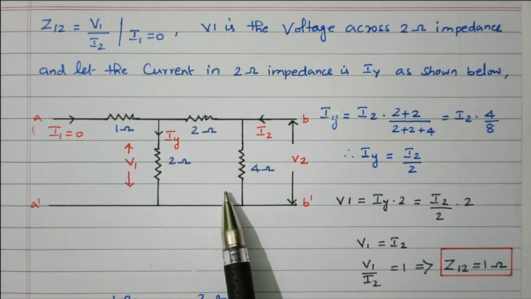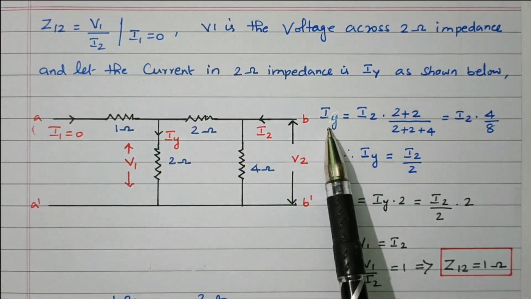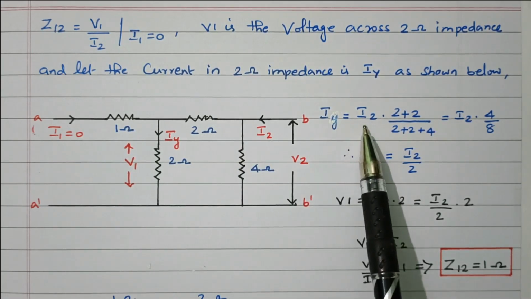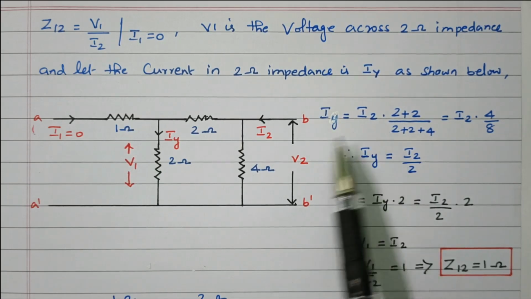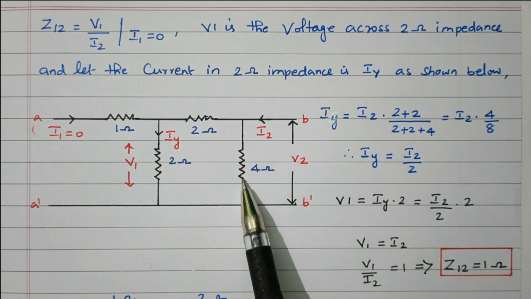So we can apply the current divider rule. The branch current I_Y equals the total current multiplied by the other branch resistor, divided by the total resistance.